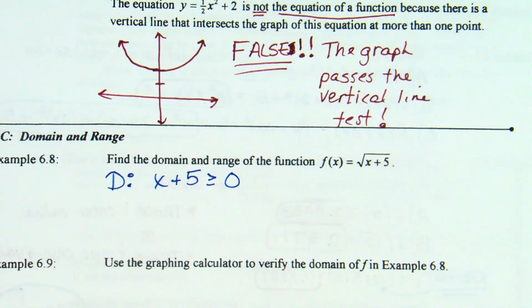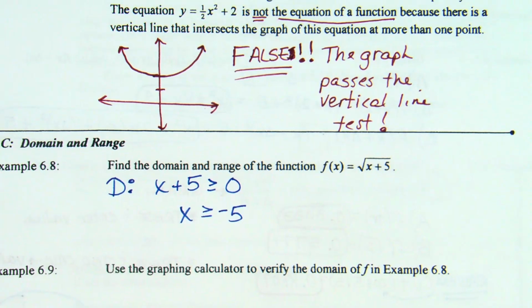Can you solve this for x? Subtract 5 and x is greater than or equal to negative 5. That means the only x values that work in this equation are numbers that are equal to or larger than -5.